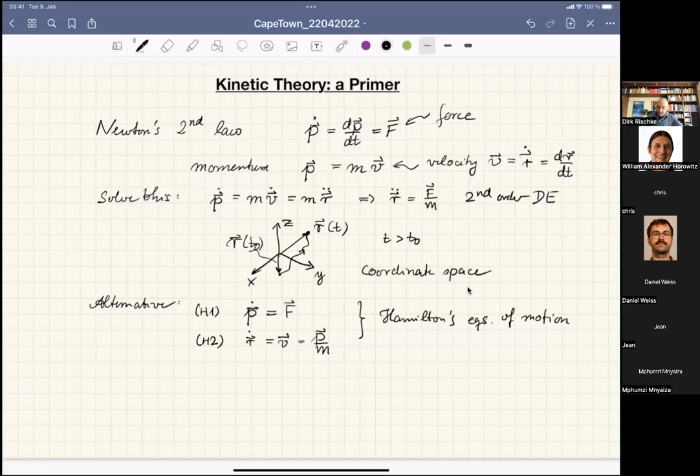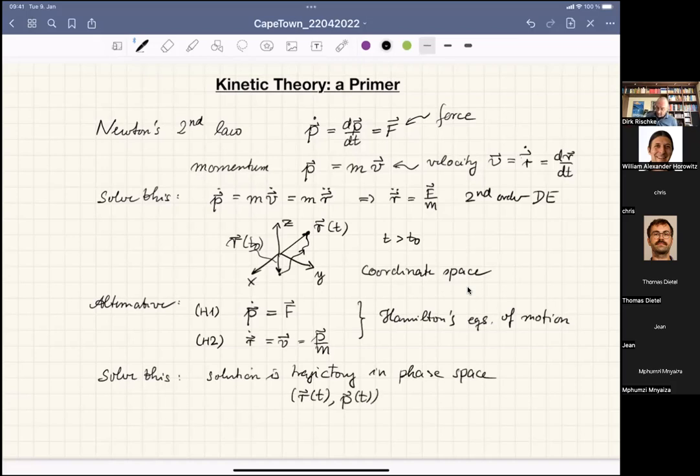And the solution determines a trajectory, but not in coordinate space, but in phase space. What is phase space? Well, phase space is a natural extension of coordinate space. The trajectory is now the combination of position as a function of time and momentum as a function of time.